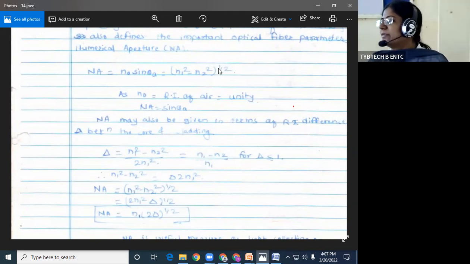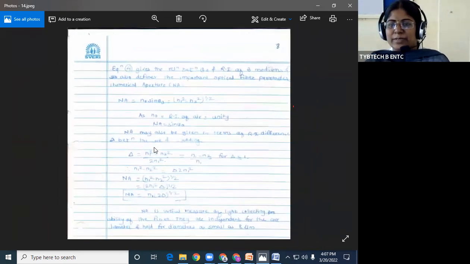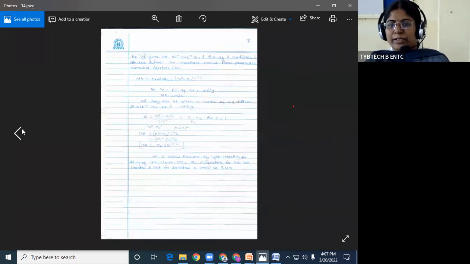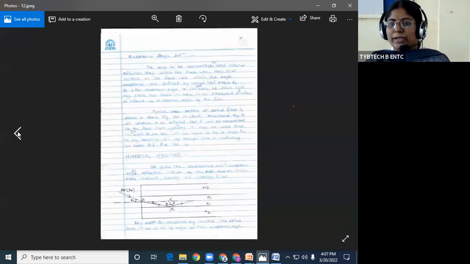This is the only derivation of numerical aperture. So is it clear? So next steps are there additionally, but this is the basic equation. Up to this at least it is required in the exam. n0 sin theta a is equal to n1 square minus n2 square raised to 1/2. This is the basic equation for numerical aperture.